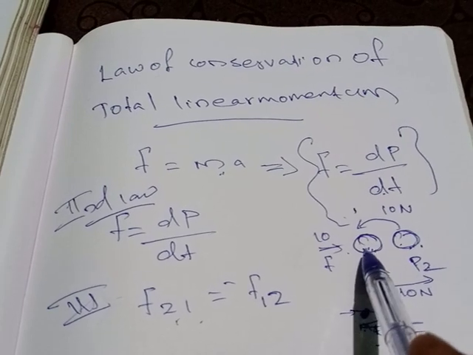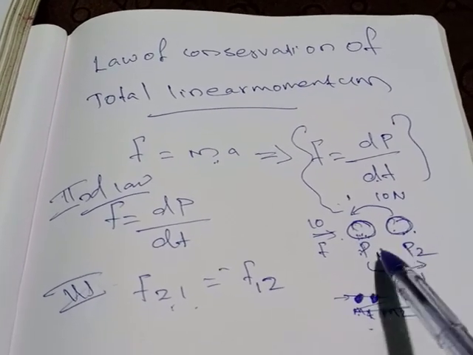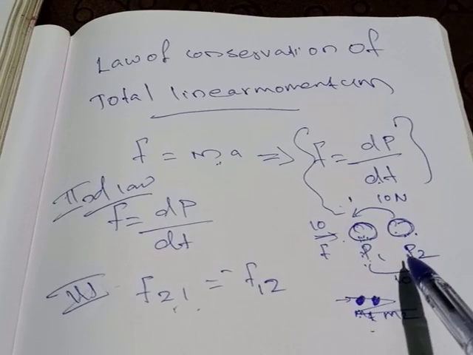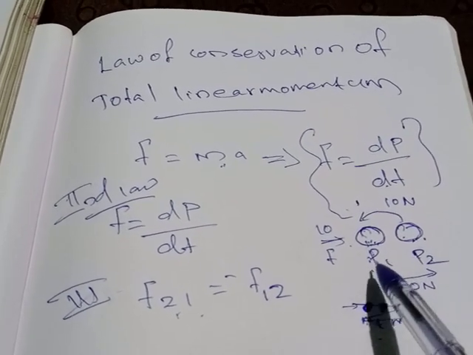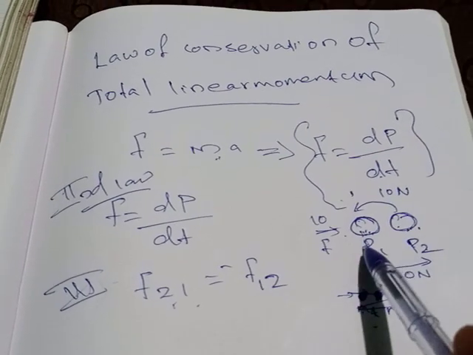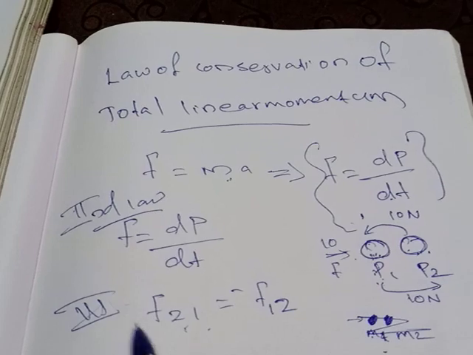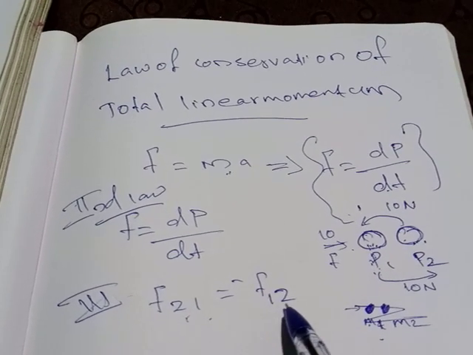What is happening is that two particles interact with each other. Here you can see two particles P1 and P2 interacting with each other, so they are exerting equal and opposite forces. That is, F21 is equal to minus F12.